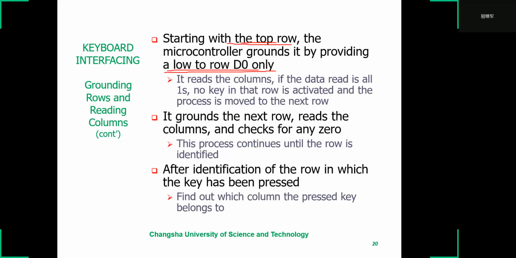If the data read is all ones, no key in that row is activated, and the process moves to the next row. It grounds the next row, reads the columns, and checks for any zero. This continues until the row is identified. After identifying the row, find out which column the pressed key belongs to.